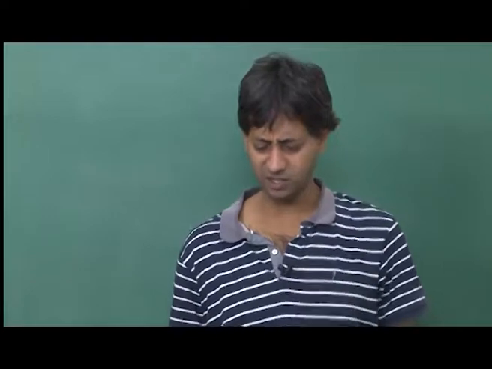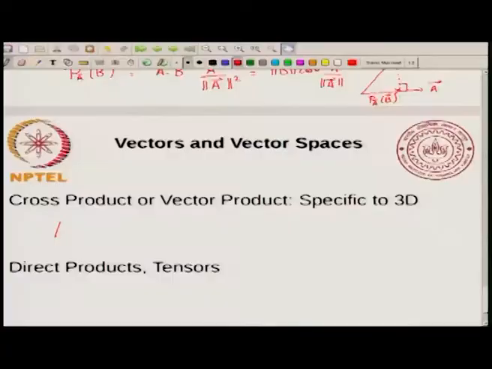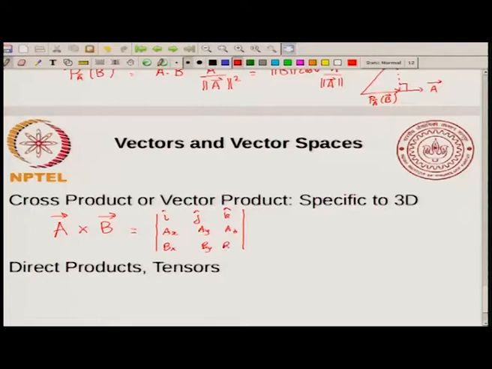Now, there are other kinds of vector products that you can define, and these are generally not as useful. For example, the cross product, A cross B. We usually write this in terms of its components as i, j, k, and then Ax, Ay, Az, Bx, By, Bz, and this is equal to minus B cross A. So, this is not symmetric.